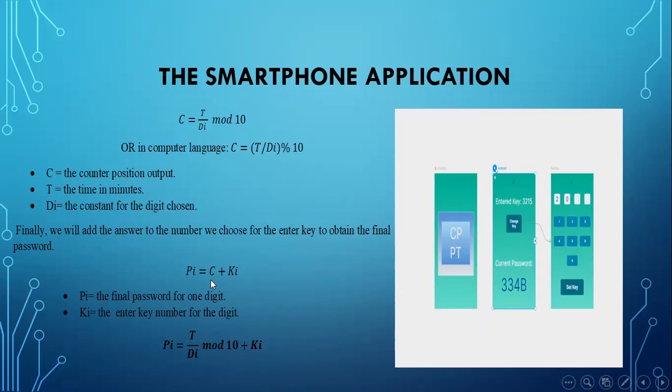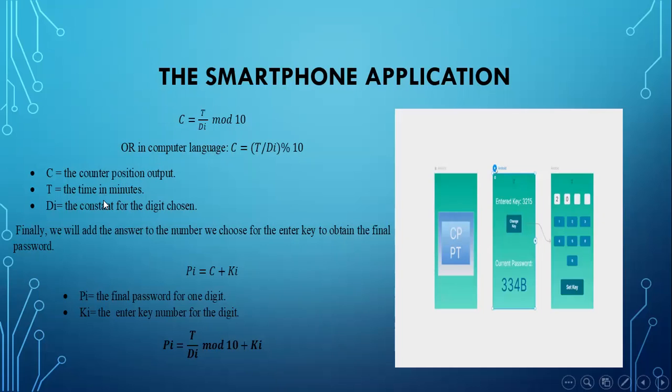Here the PI is C plus KI. Basically we take the time on the clock when the user wants to access, divided by the constant.